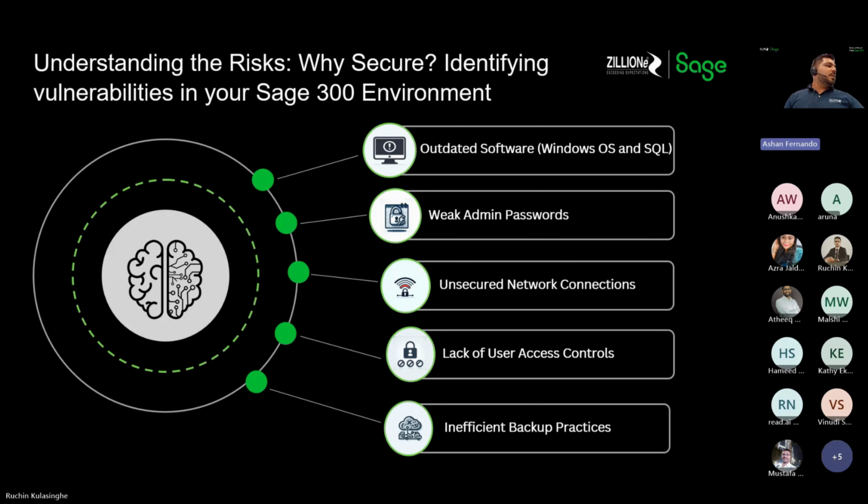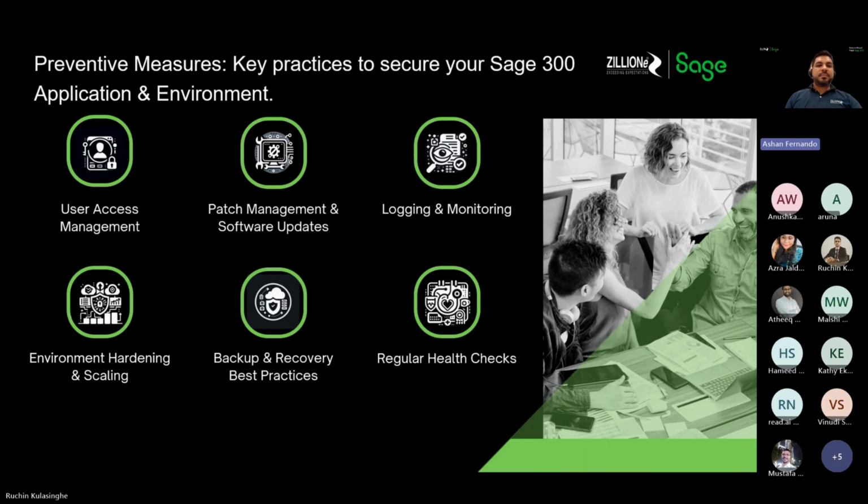And next, we're talking about the preventive measures and key practices to secure the Sage 300 application and environment. Here, I just need to explain things related to the Sage environment. If you need Sage to run smoothly, these key points are very important. So I will go one by one.